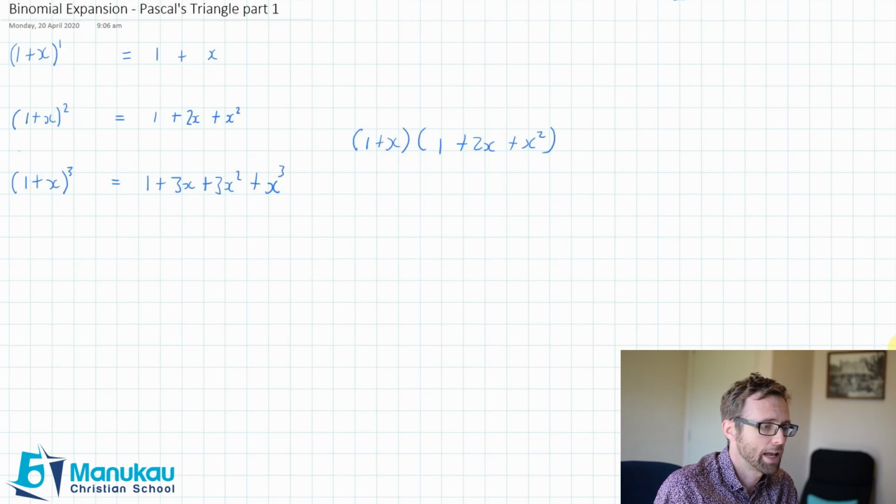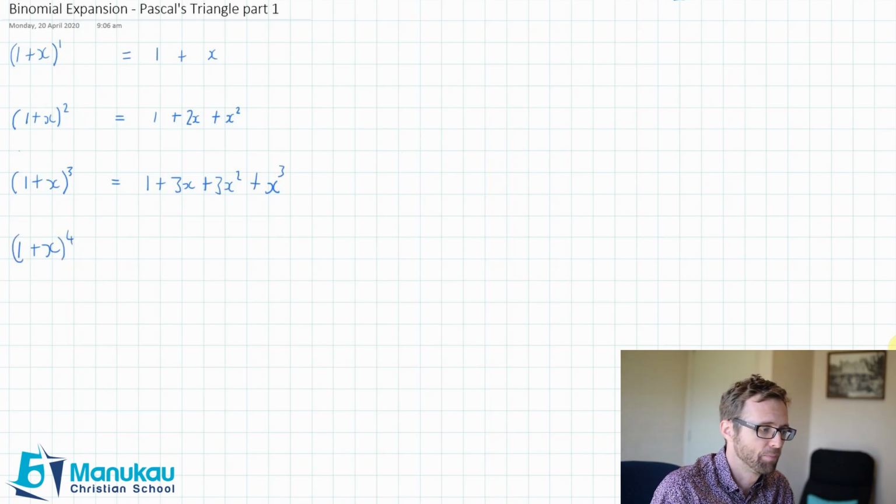Now let's try the same thing. We want to move now to 1 plus x to the power of 4. So what we're going to do is take this here, and we're going to times that by 1 plus x. We're going to times 1 plus 3x plus 3x squared plus x cubed by this.